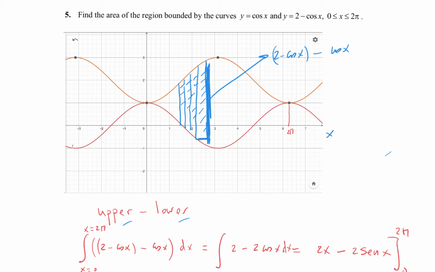I go in the direction of x, so this is dx. And the area is 2 minus 2 cosine of x times dx. And this is the area of small pieces. What I have to do is to sum all the pieces, this piece with this piece with this piece, when x goes from 0 to 2 pi.